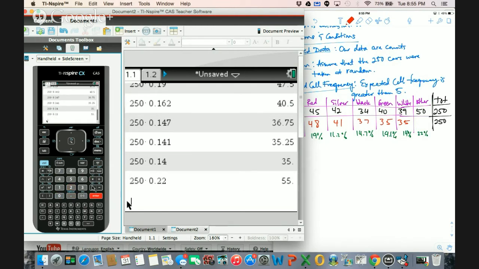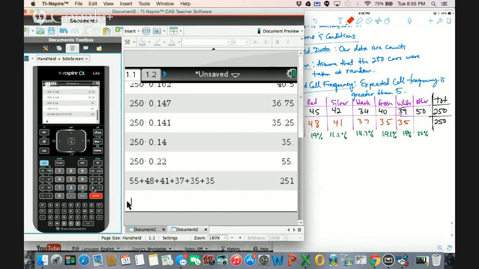55. Let me make sure they add up. Plus 48. I want to make sure that everything adds up correctly. See, too much. So 54 is what I'm going to use. So let's do this over again.